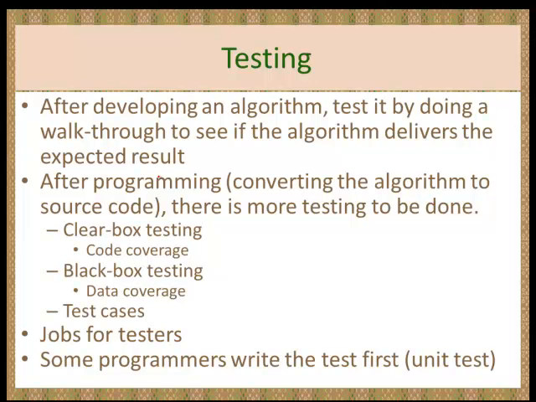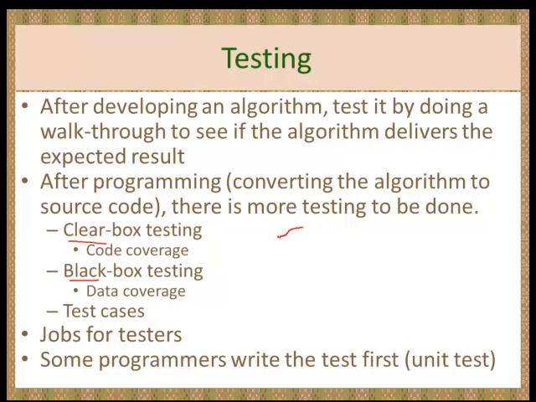You enter your program and you've got to test again, because the computer will run it exactly as you wrote it. So even though I didn't see it in the algorithm, the computer might catch any logic error you might have. There's clear box testing, which is also known as white box testing, and black box testing.